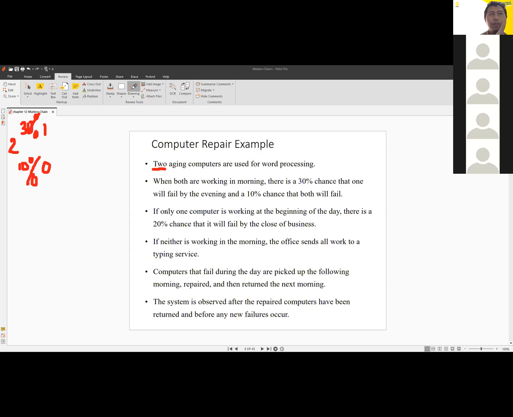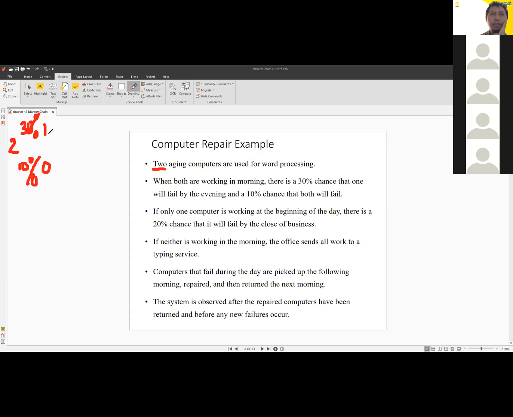If only one computer is working at the beginning of the day, there is a 20% chance that it will fail by the close of business.